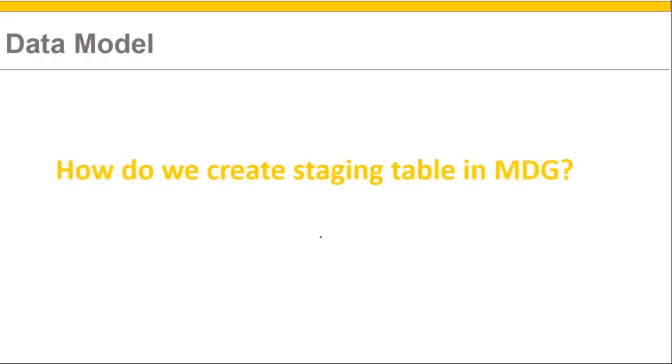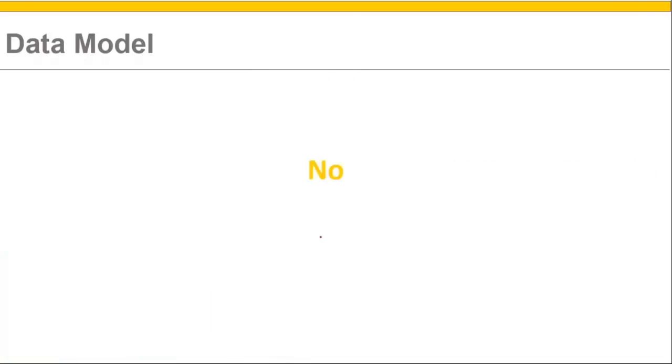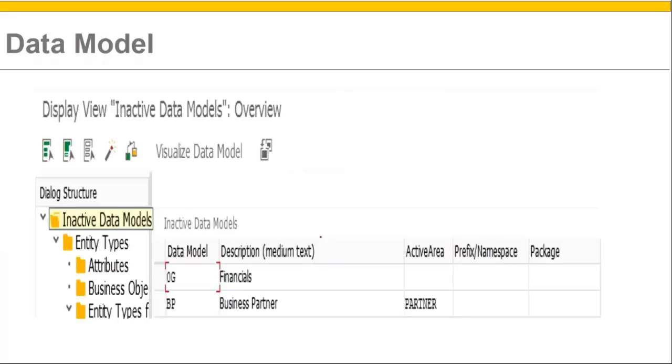Even though it's a transparent table, we don't use SE11 to create it. We go to the MDG data model node, and from there we maintain the data model entities, attributes, and relationships between them, and activate the data model. That will generate the list of transparent tables.